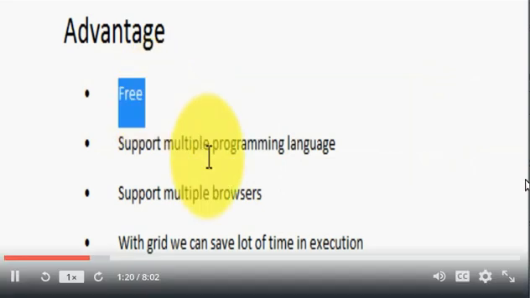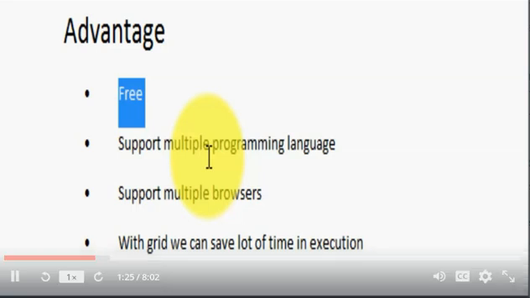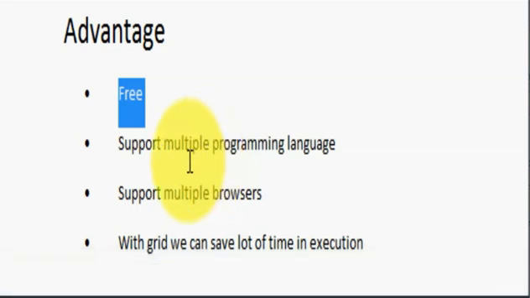We have many other tools running in the market, like we can take the example of QTP. The new name of QTP is UFT. UFT is a paid tool, so we have to pay a very hefty license fee for working on QTP, and this license needs to be renewed every year. But in the case of Selenium, it is free. We need not go for any license.